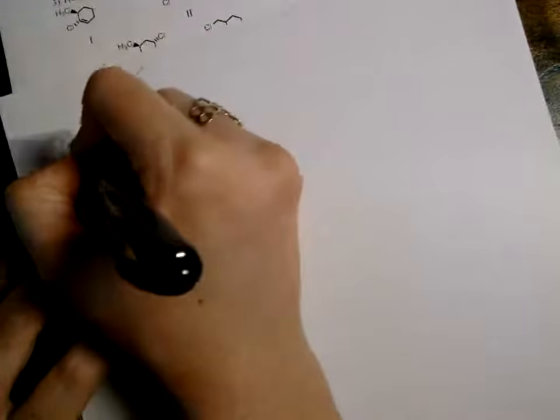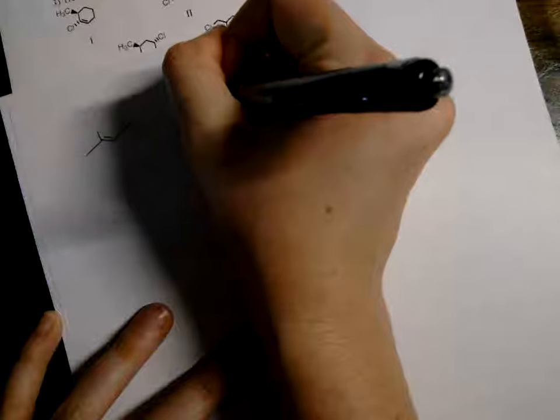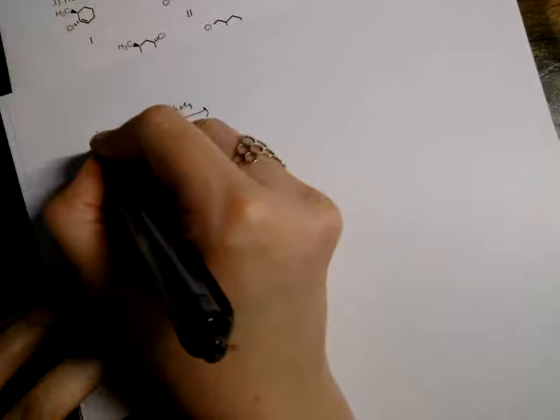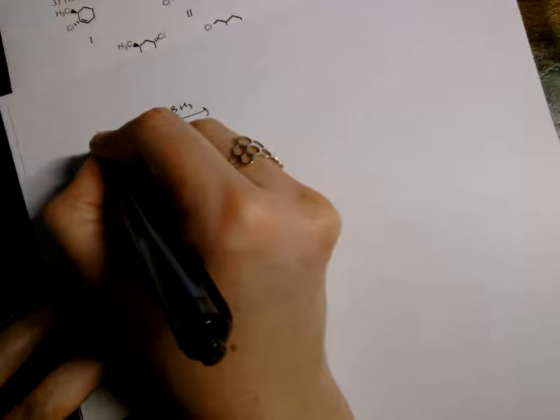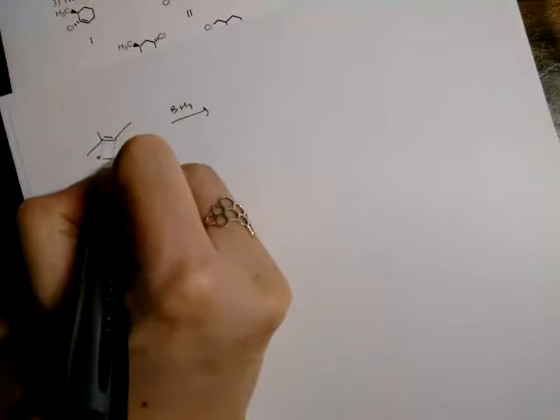For whatever reason, this one's my favorite. I just like it. So if you have the same molecule, it's also going to be sort of a two-step process. You're going to add BH3. Sometimes it shows up differently than BH3, but that's the main thing you're looking for. And actually it forms like sort of a box, and it adds in a fashion where the H is going to go to one side and the BH3 is going to go to the other.